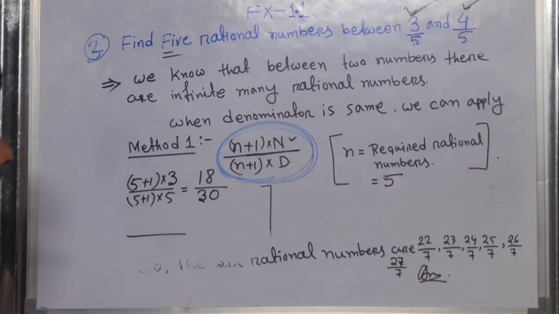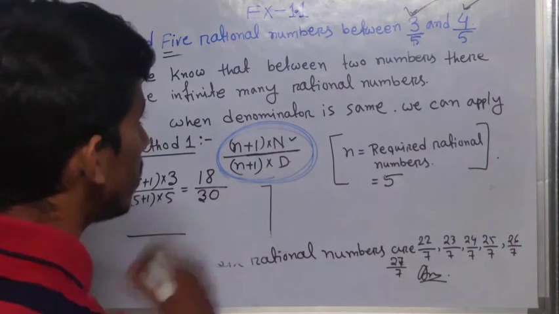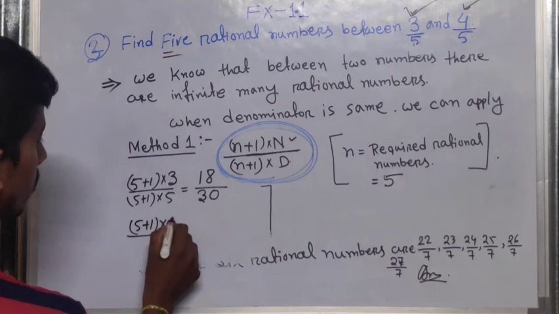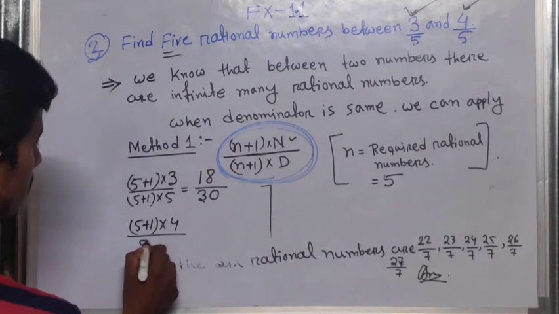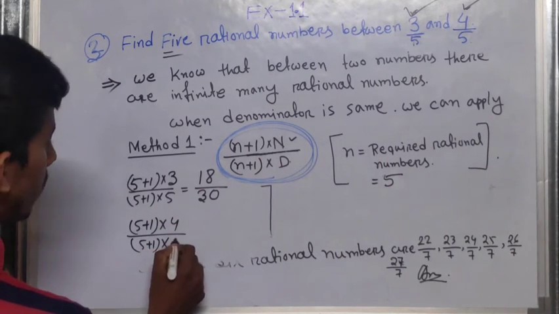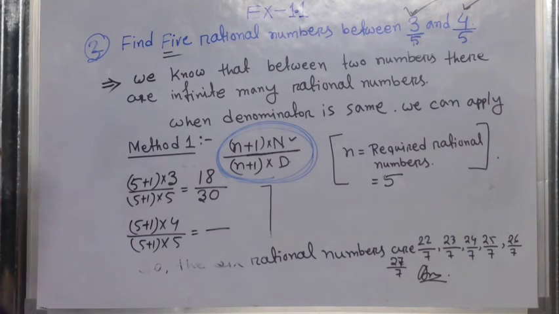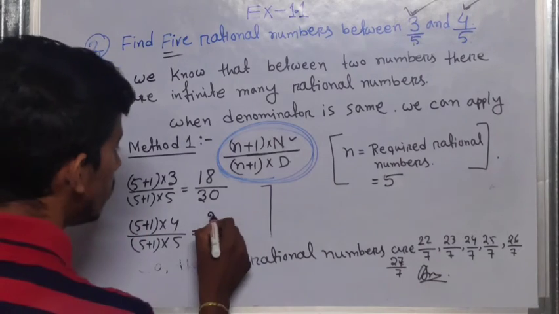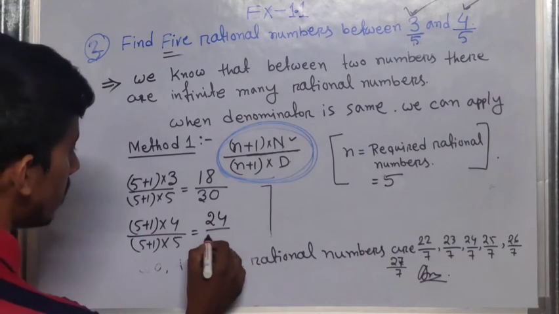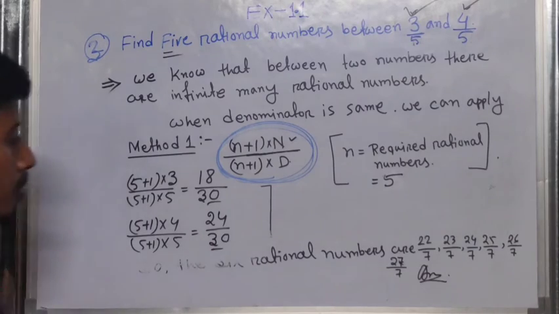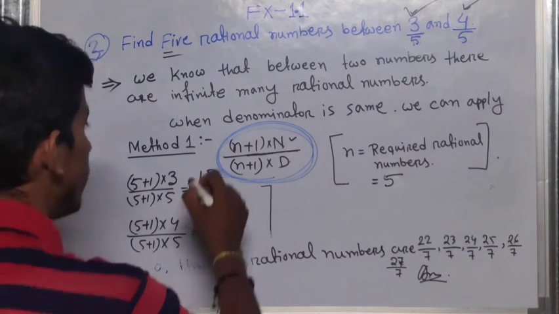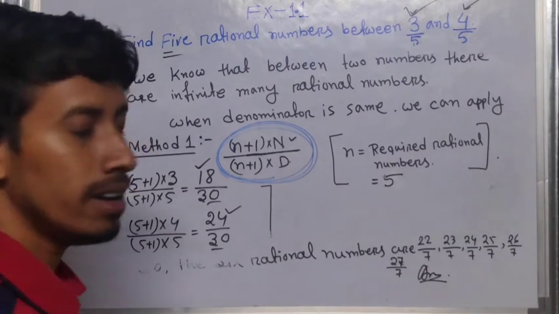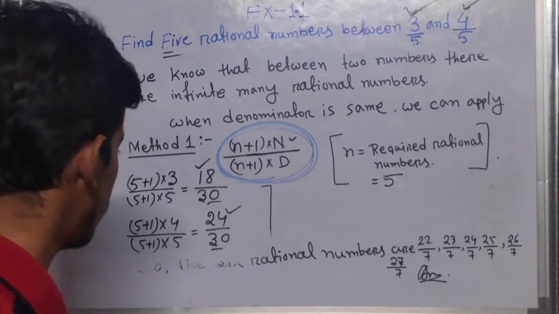Now next one, you see. The next one is 4, and 5 plus 1 into 4, and here 5 plus 1 into 5. So here 5 plus 1 is 6, and 6 4s are 24, and then 6 5s are 30. Now you see both denominators are equal. Now in between 18 and 24 there will be 5 rational numbers.